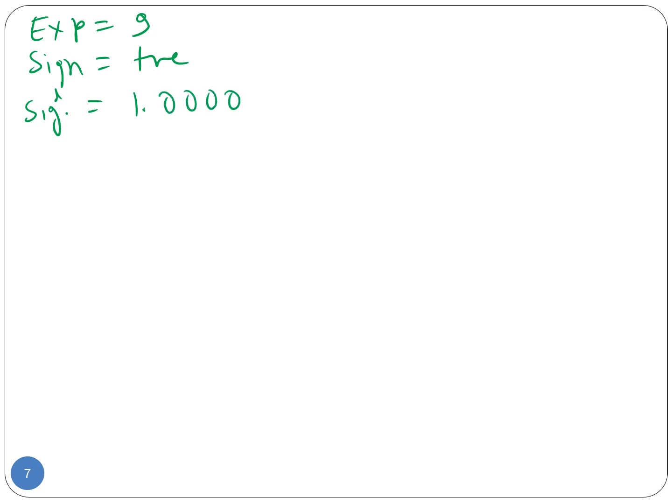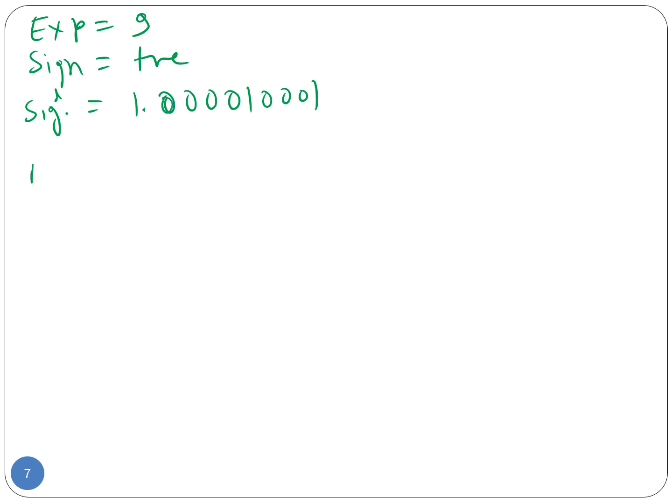So far we have the exponent is 9, the sign of the number is positive, and the significand is given by 1.000010001. Okay, so let's write this number in scientific notation.